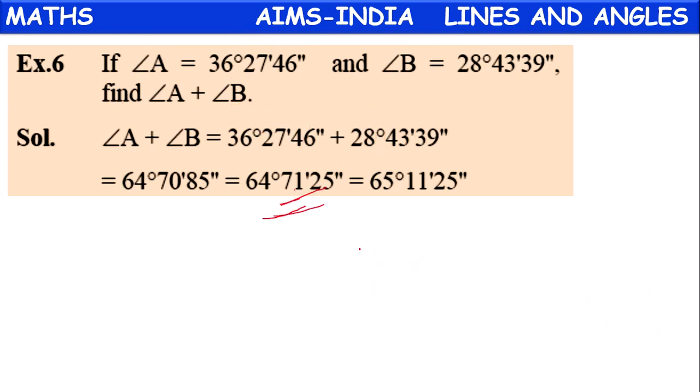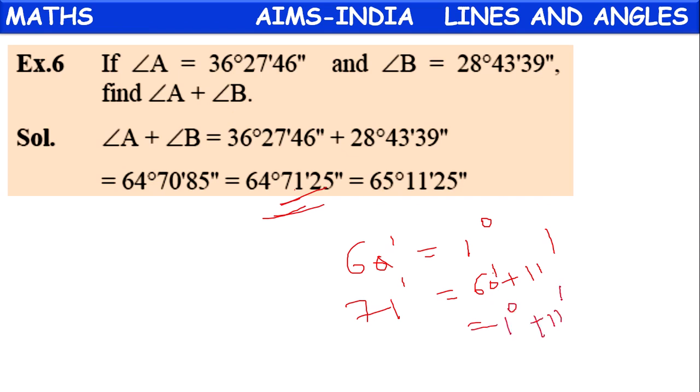After that, 71 minutes. We know that 60 minutes equals 1 degree. So we have 71 minutes here, which can be written as 60 minutes plus 11 minutes. 60 minutes means 1 degree, plus 11 minutes.